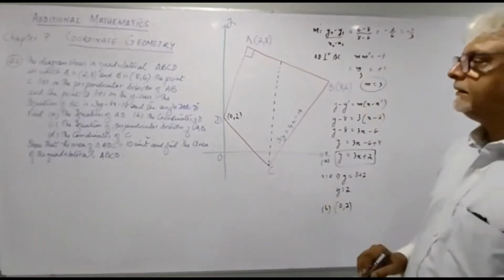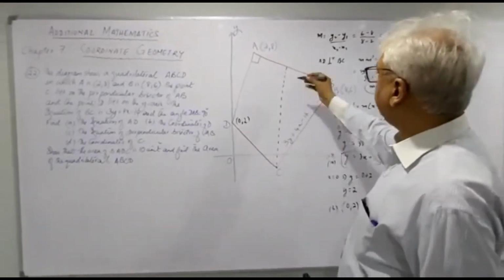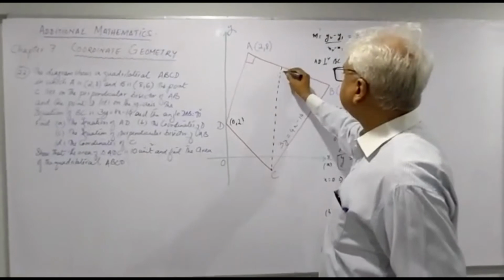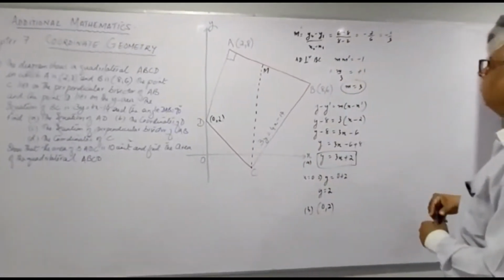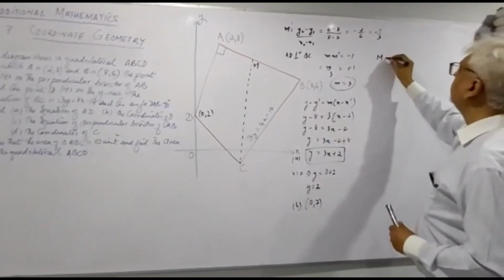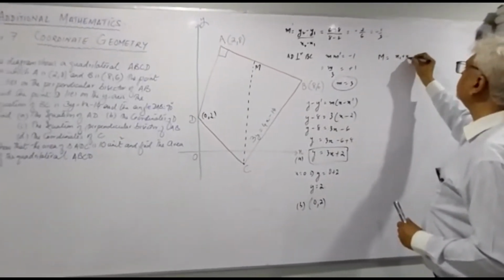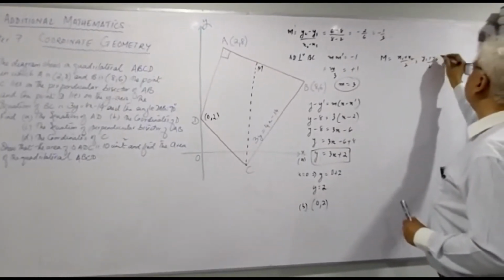Now, part C says: find the equation of the perpendicular bisector of AB. Now let's say this is the midpoint M, and the midpoint M would be ((x1 + x2)/2, (y1 + y2)/2).